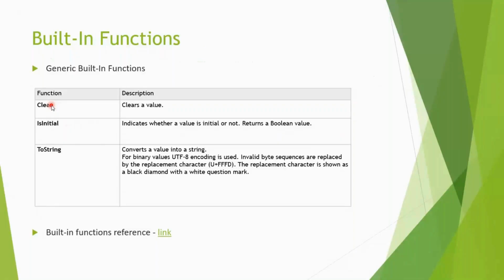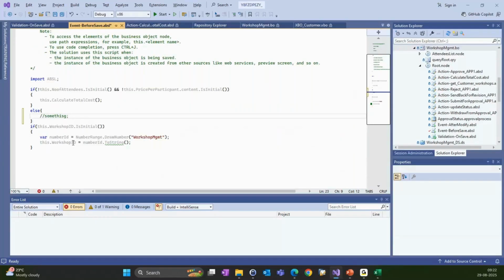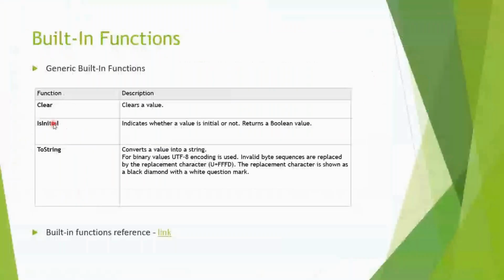Instead of that, if we just use a function called clear, it will clear the value for this field. So this is a function just to clear the value. And then isInitial is to check whether the value is blank or not. It returns a boolean value.